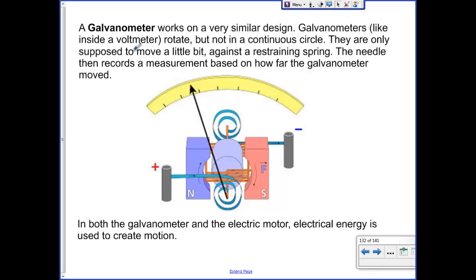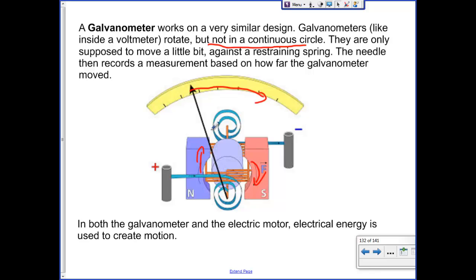Does that make sense? Well, it's kind of a similar concept to the motor. Here's the thing, though: it's not going in a continuous cycle. All you want is a force that goes up here and a force that goes down here that causes the needle to move, but we're not intending for the needle to go around in circles like a motor.